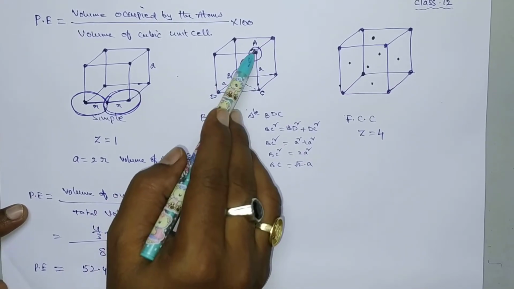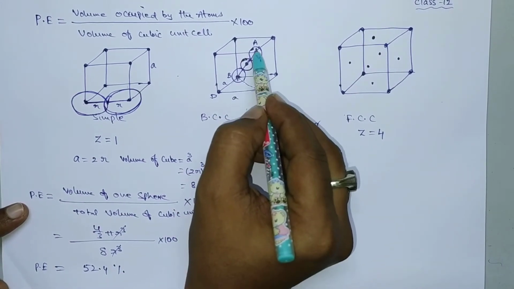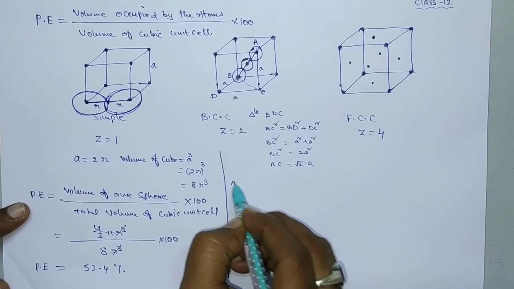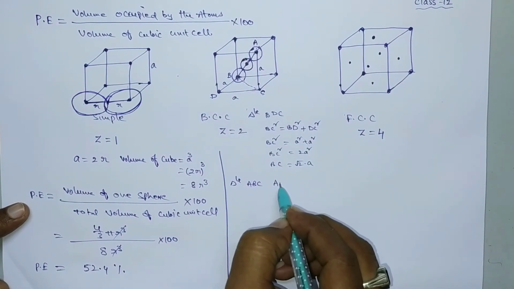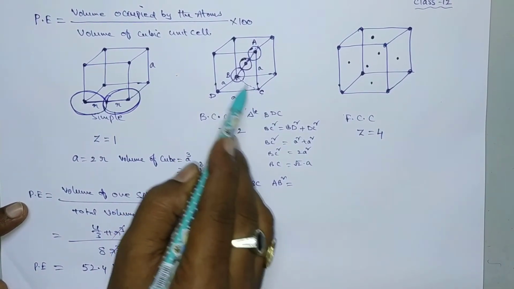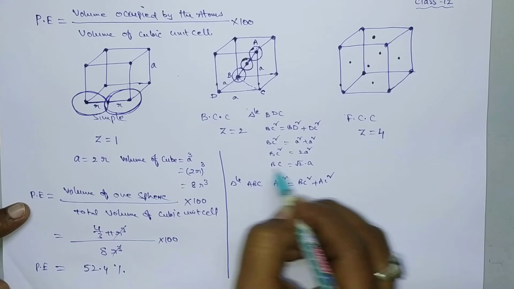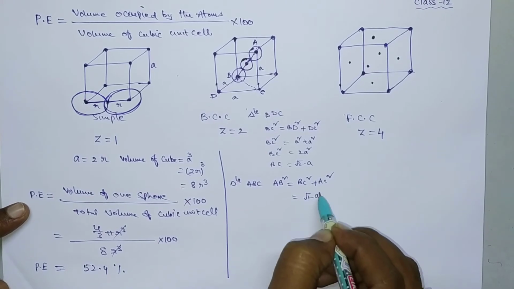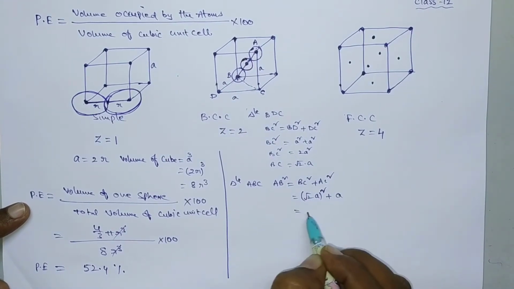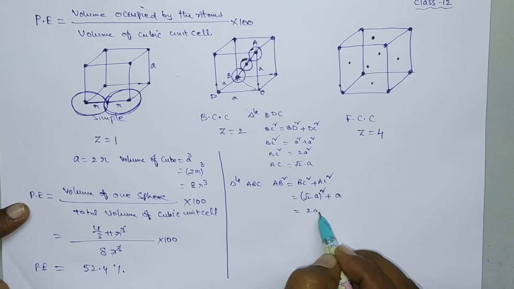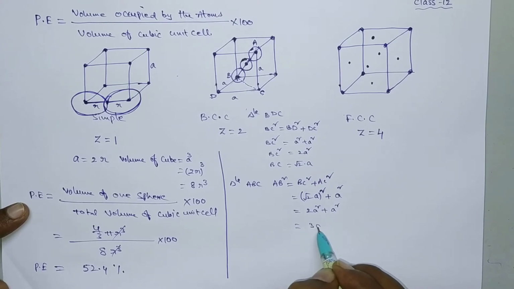Now we have to calculate this distance AB in terms of A. Again applying the Pythagoras theorem for the triangle ABC, AB square is equal to BC square plus AC square. BC square means root 2A whole square, that is 2A square, plus AC, which is A, so A square, giving 3A square.